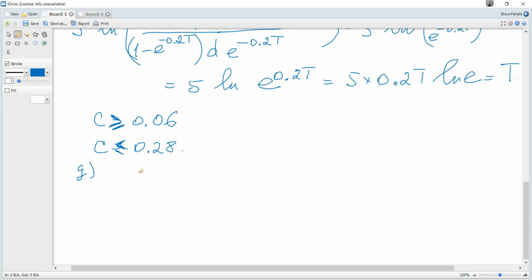So h infinity minus L infinity, so maximum minus minimum, it's 0.22, a suitable value for D.